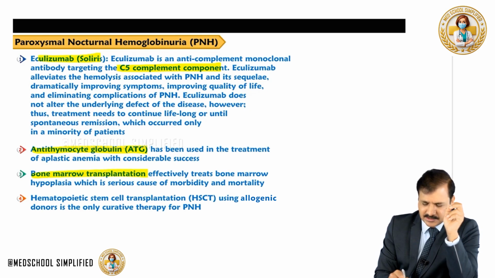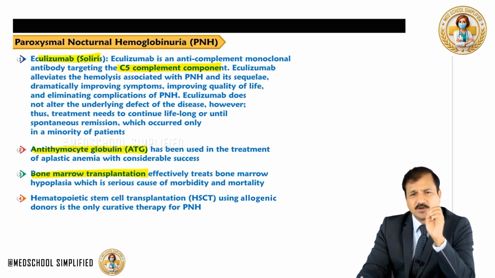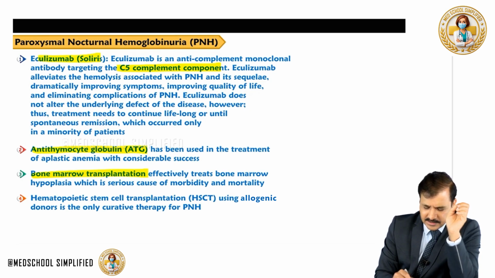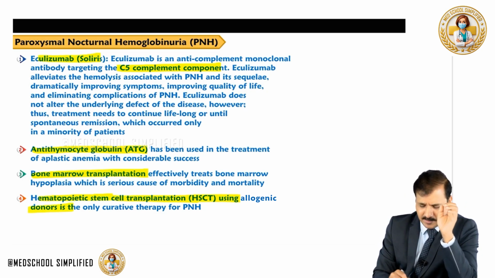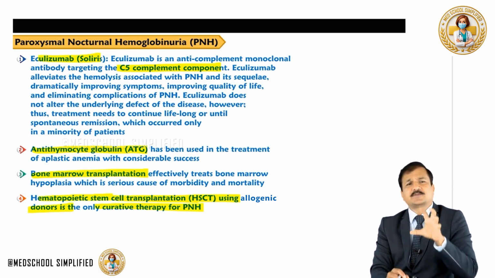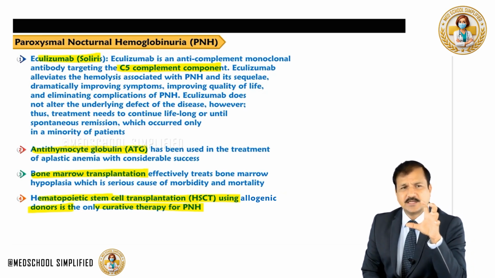Bone marrow transplantation effectively treats bone marrow hypoplasia, which is a serious cause of morbidity and mortality in paroxysmal nocturnal hemoglobinuria. And then hematopoietic stem cell transplantation using allogenic donors is the only curative therapy for paroxysmal nocturnal hemoglobinuria. So these are some of the treatment approaches towards PNH.